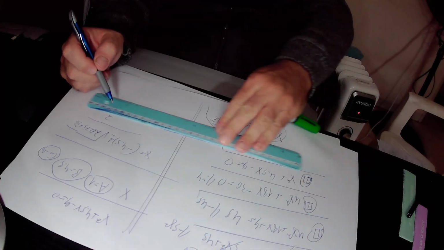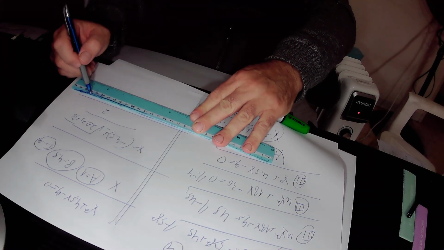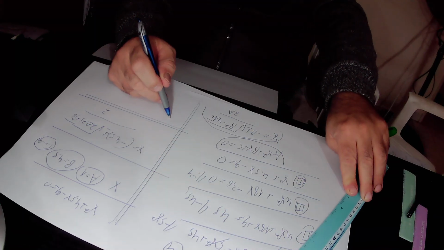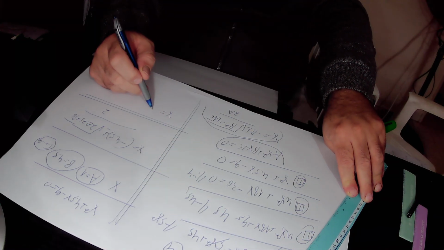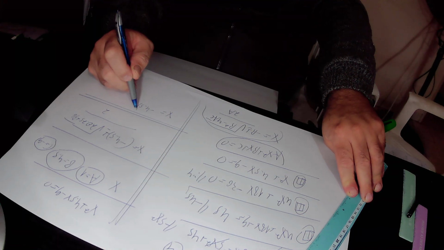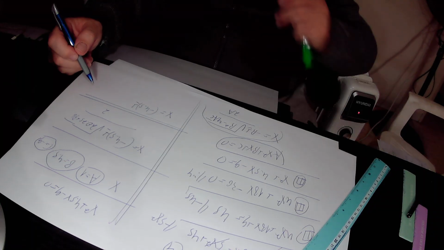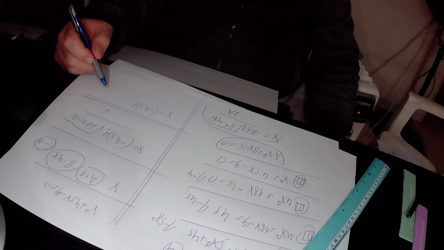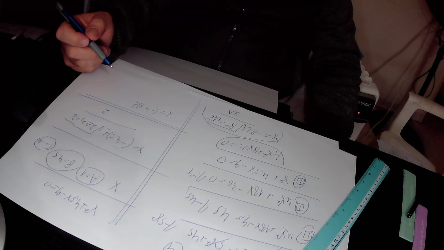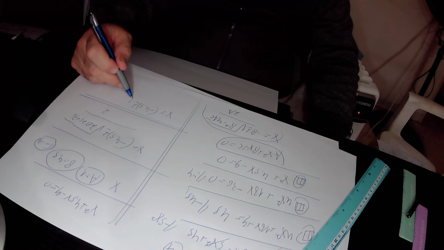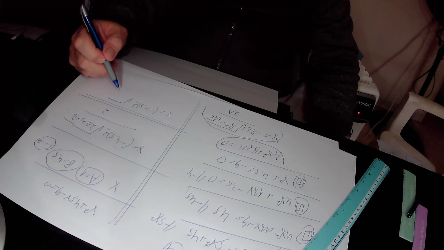So in total we found that x, this is the variable that we're looking for in this question, equals minus 4.5 plus minus. Inside the root we have 20.25 plus 36 equals 56.25.